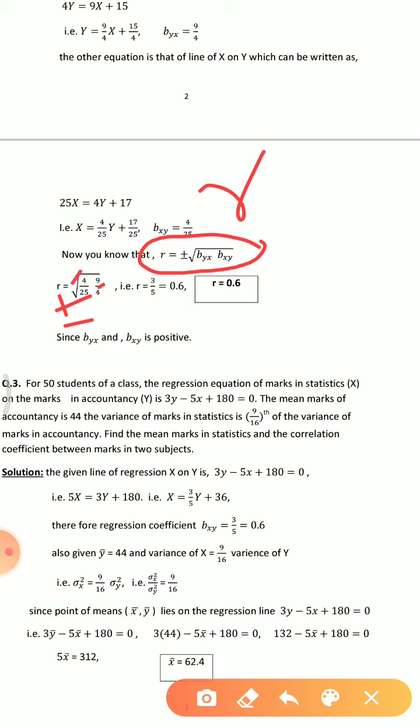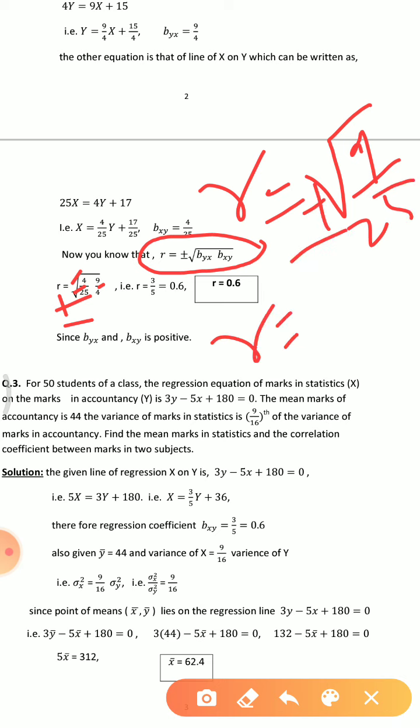The 4 gets cancelled, remaining r = square root of 9 upon 25. Therefore r = square root of 9 is 3, square root of 25 is 5, so 3 by 5, which is equal to 0.6.